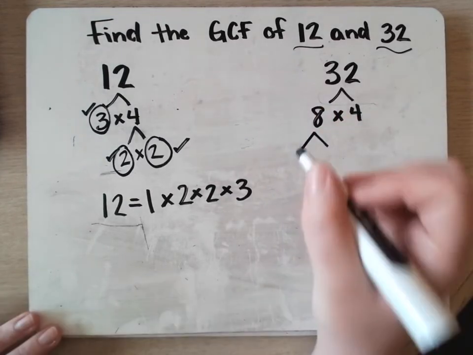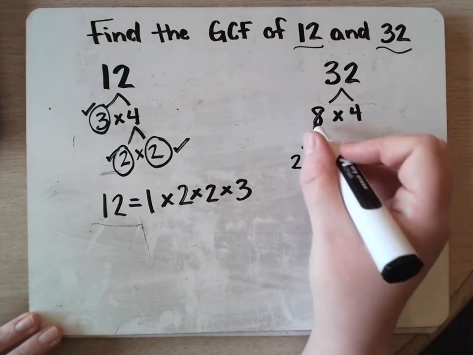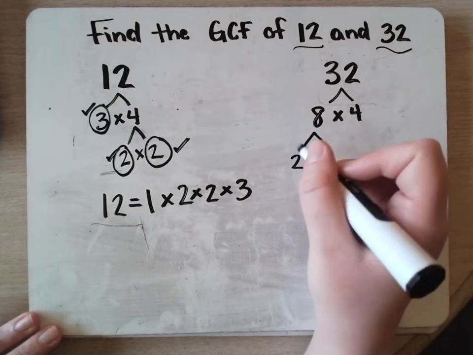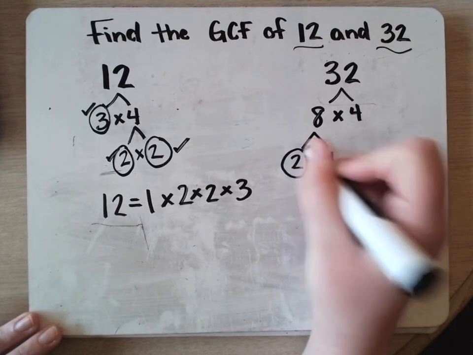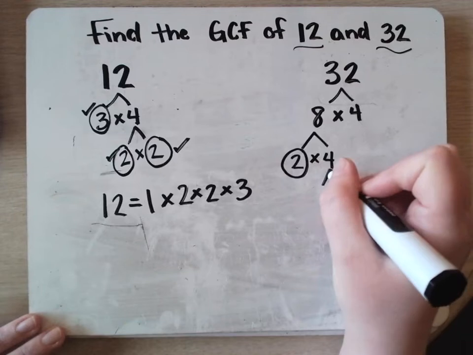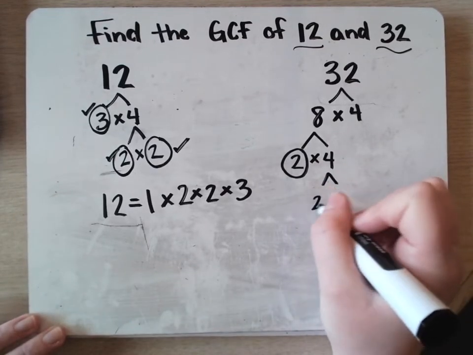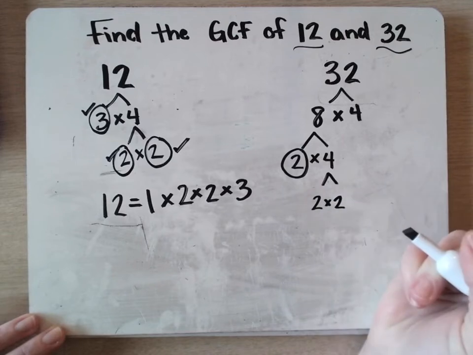8 I can break down by saying 2 times 4 equals 8. I'm going to circle my 2 because the only factors of 2 are 1 times 2. But I can break my 4 down. 2 times 2 equals 4.